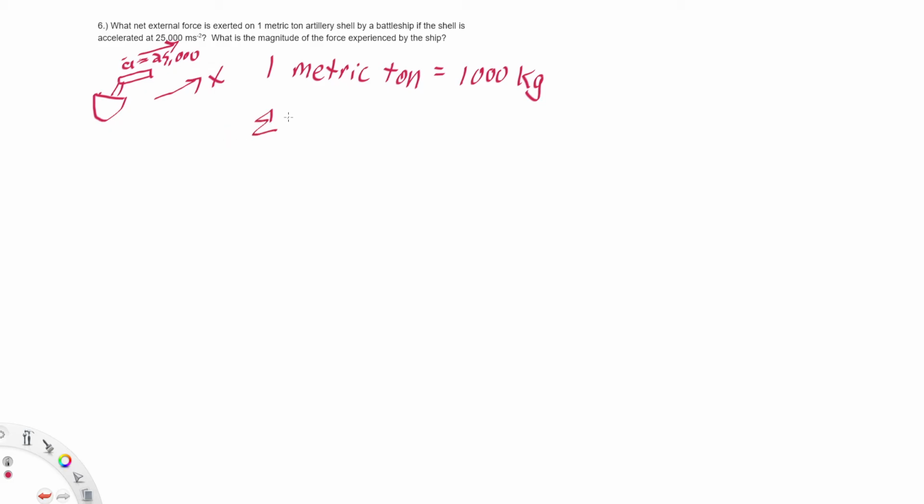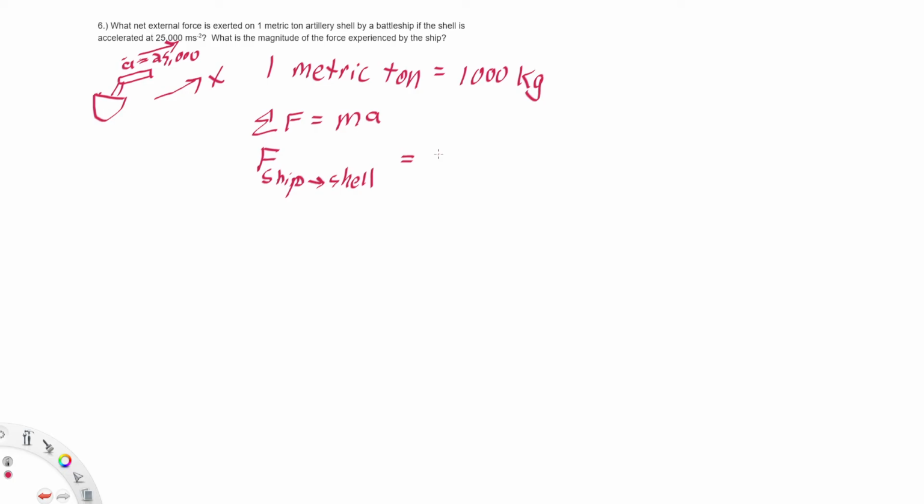So then the sum of forces, right? The only force that's really at play here is the force from the ship to the shell.